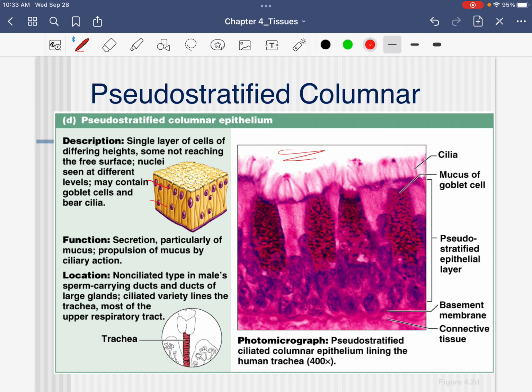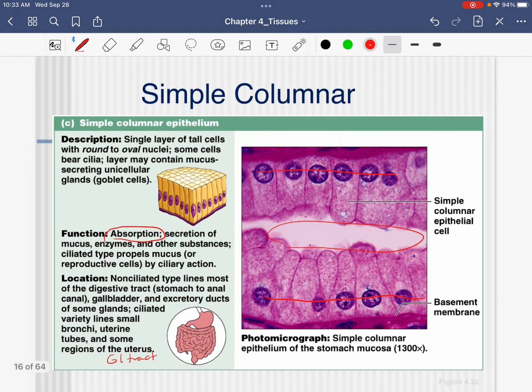But here really are the giveaways for pseudostratified columnar. If you see free space and long cilia, you're going to think pseudostratified columnar. Now, truth be told, other types of epithelial tissue may have some cilia. If I go back to the simple columnar, if you look really closely, there's little hairs lining some of this, but it's much smaller and less obvious.